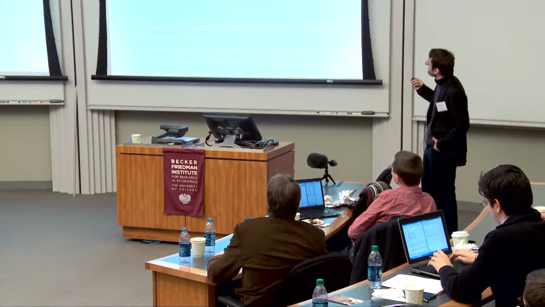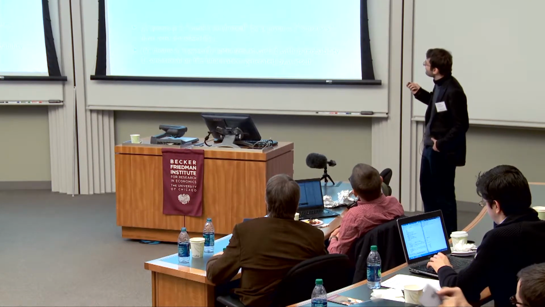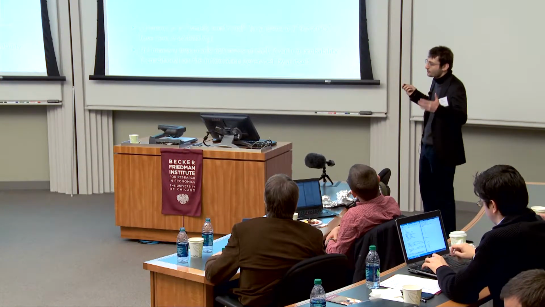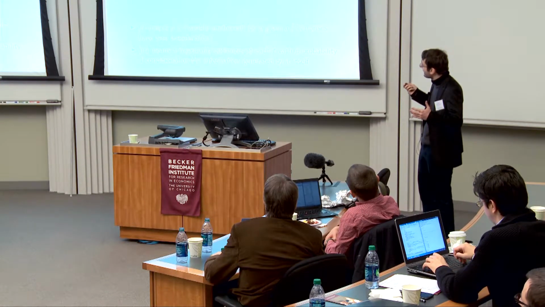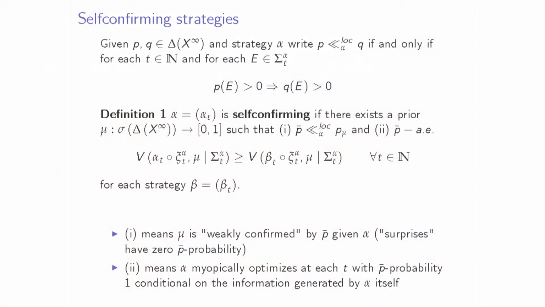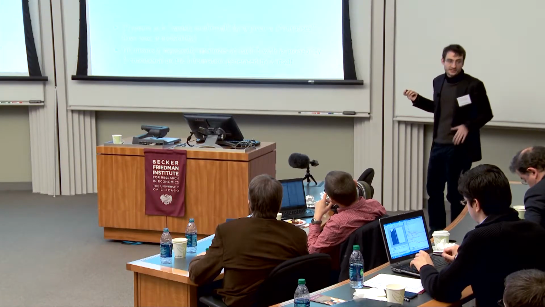That is, P is locally absolutely continuous with respect to Q, given alpha, if whenever P gives strict positive probability to an element E in sigma alpha t, also Q does the same. So a strategy is a self-confirming equilibrium strategy if there exists a prior such that the true model is absolutely continuous with respect to its posterior, locally, given alpha, and the strategy itself is optimal.